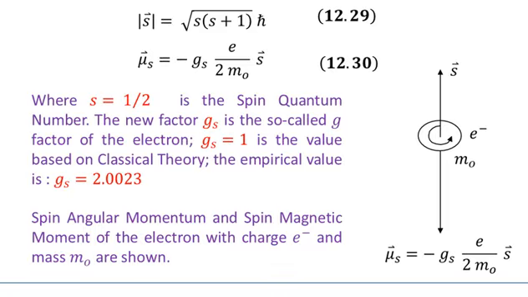So in the figure you can see that the electron is spinning about its own axis. m naught is the mass of the electron, e minus is the charge of the electron, and this electron is spinning about its own axis like the Earth spins about its own axis. When it spins, a quantity called spin angular momentum is produced, which is perpendicular to the plane of the rotation of the electron.